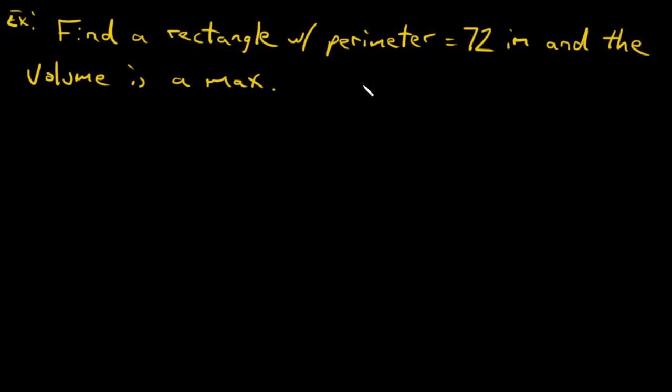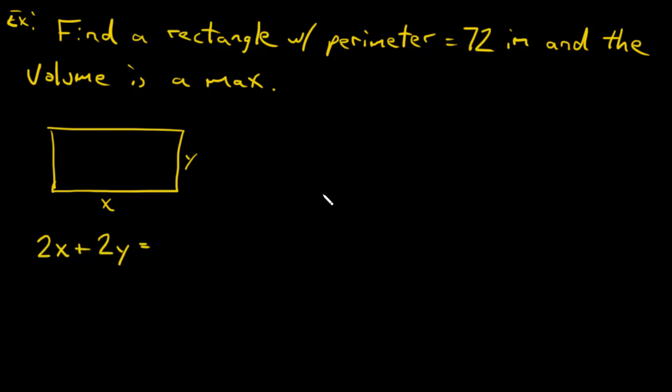Well, we start off, first off we draw the picture, right? Because that's going to guide us. So I'm going to call this O, X, and Y. How does that sound? So what is the perimeter? Well, the perimeter is going to be, if I walk all the way around, 2x plus 2y equals 72.